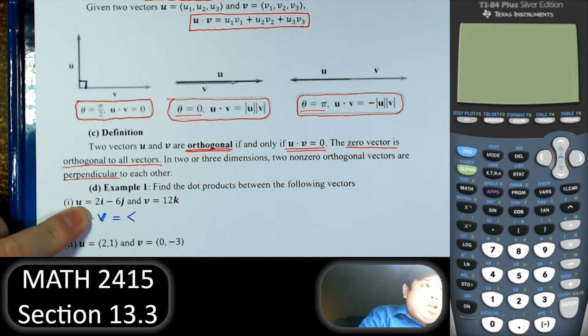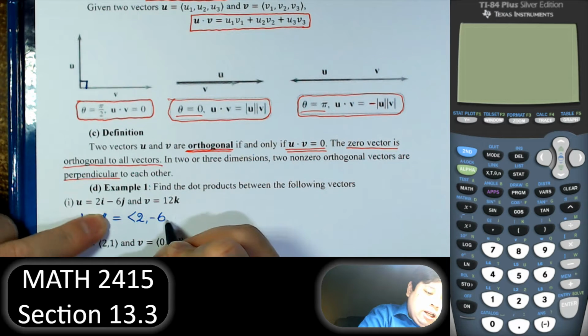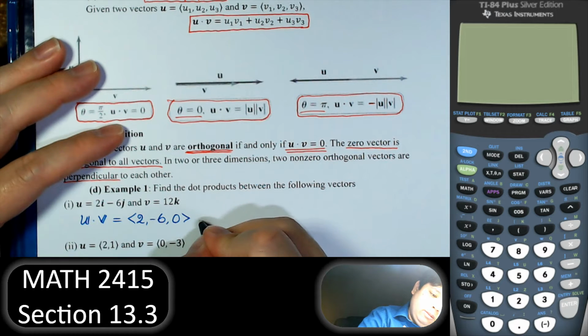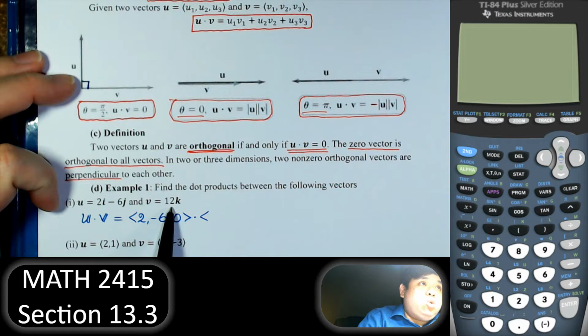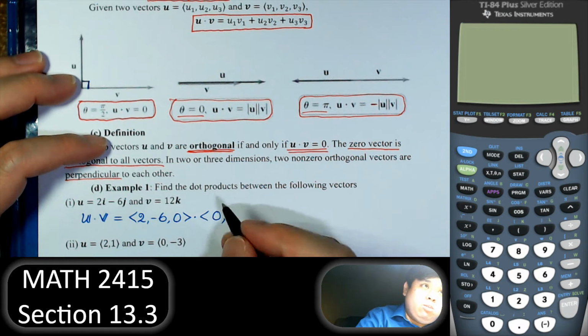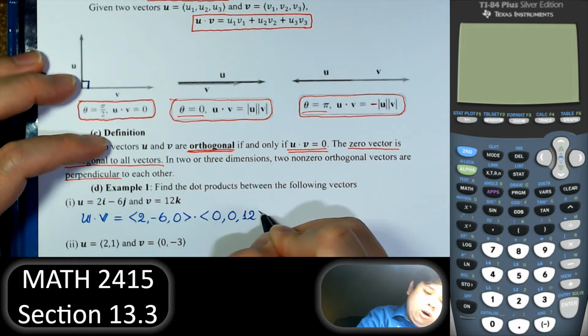U, we have 2 for the first component, negative 6 on the second, and there's no k, so we have 0. Dot product with vector v, 12k, so there's no i, nothing on the first component, nothing on the second component, and 12 on the third component.